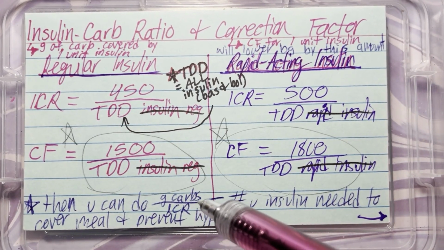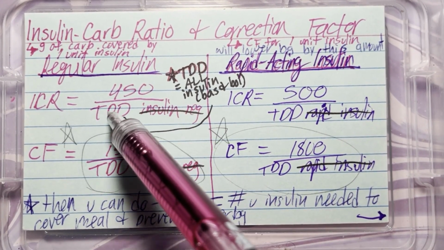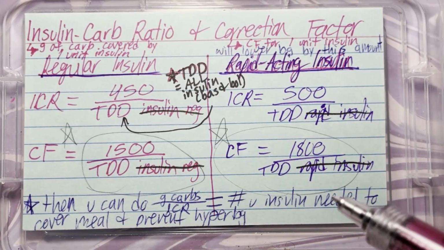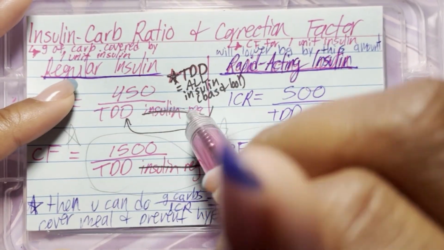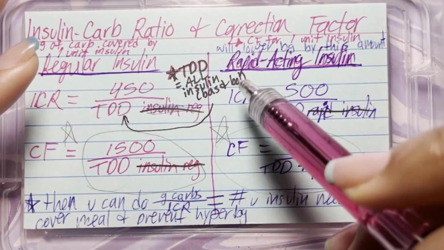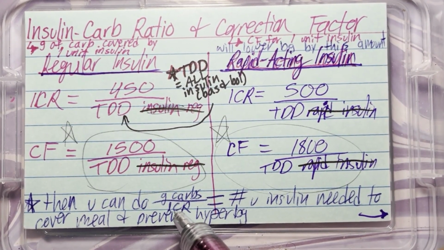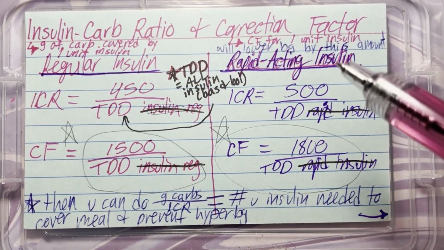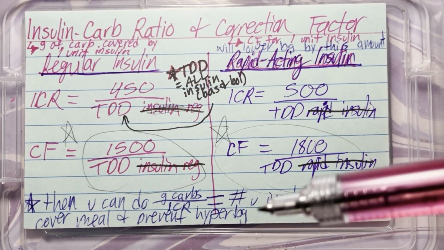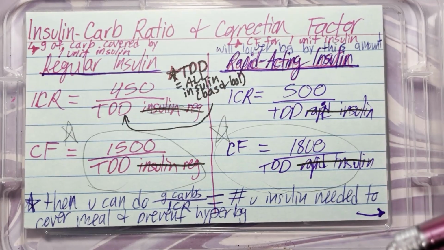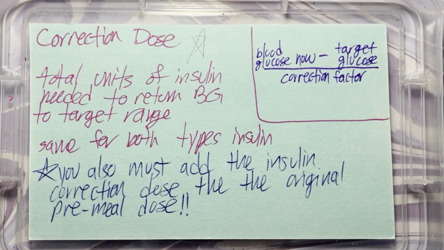And you see I messed up here. I had total daily dose of insulin regular, and I had to mark that out. No, it's all of it, all the insulin. Then you can do grams of carbs divided by insulin to carb ratio, and this will equal the number of units of insulin needed to cover a meal and prevent hyperglycemia. All right, not done yet.